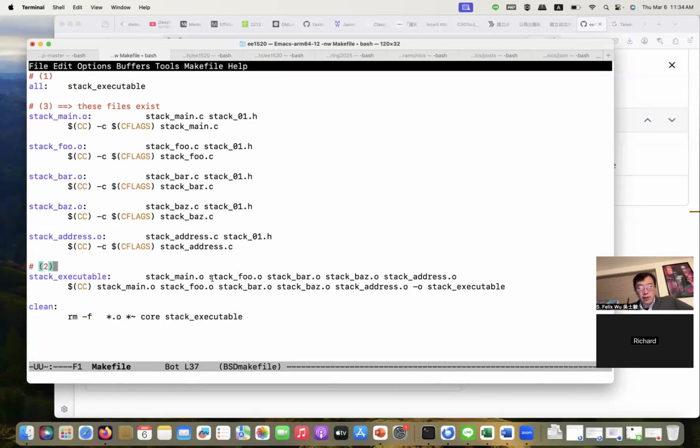Now I actually go to stack foo.o, which is the same principle.